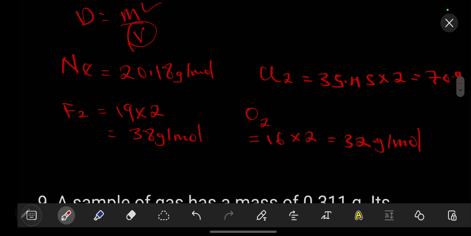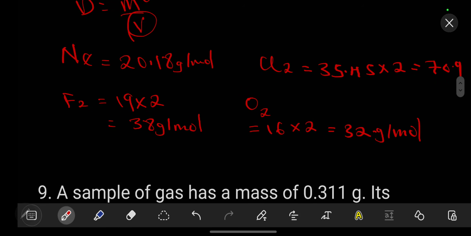If you look at chlorine, it has the greatest mass, meaning it will have the greatest density. So the order will be that neon has the least density, followed by oxygen, followed by fluorine, followed by our chlorine gas.